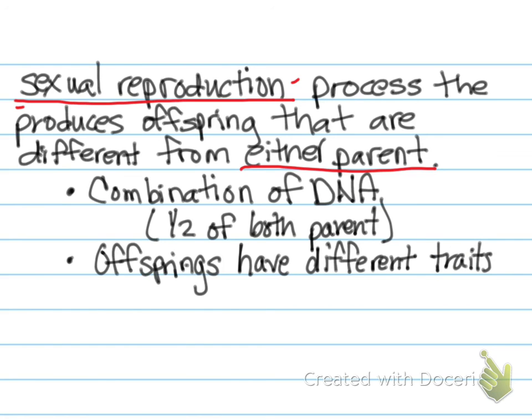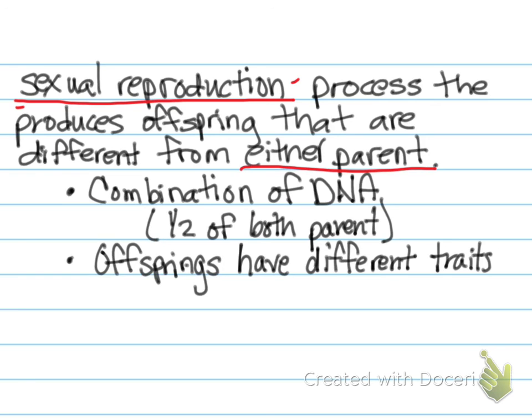What else are some characteristics of sexual reproduction? They have different traits. So that means, if your mom has blue eyes and your dad has brown eyes, depending on what genes you end up with, you could have either brown or blue. If your mom has straight hair and your dad has curly hair, you'll have a 50-50 chance of having curly hair or straight hair.